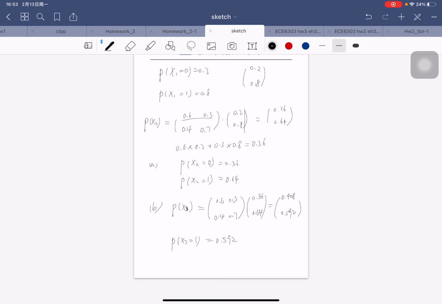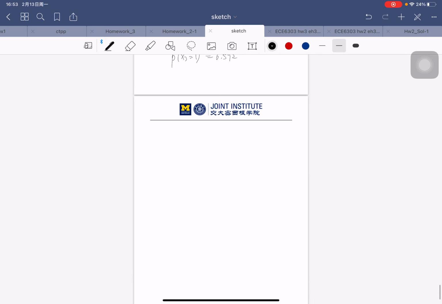Okay, the third question is, given x3 equals 1, what's the probability of x1 equals 0?